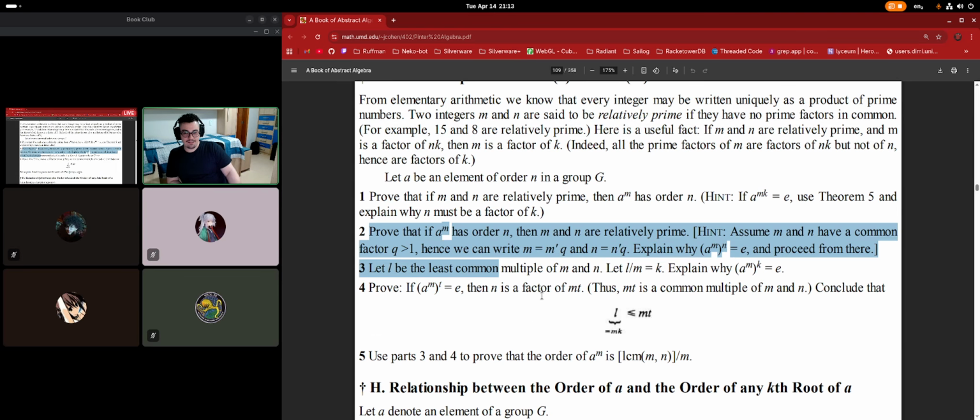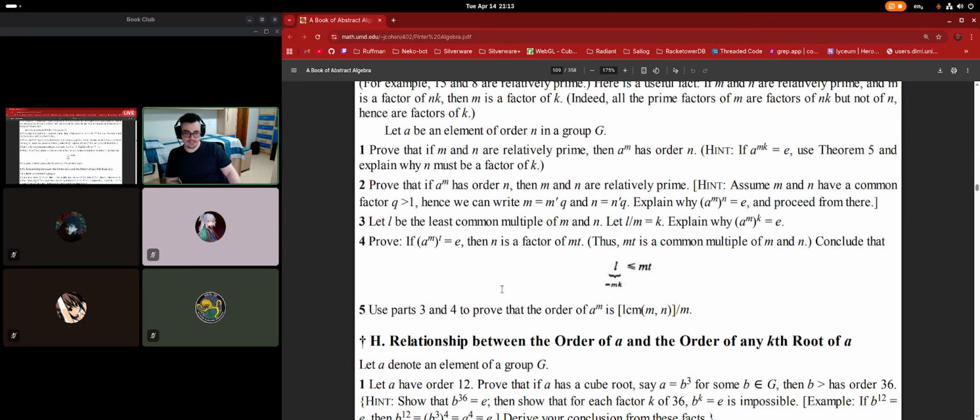Anyway, so the entire thing is about the relationship between being relatively prime and the order relationships, right? It's also talking about proof that if a to the power of m has order n, the other way around, then they are relatively prime, which again is crazy.